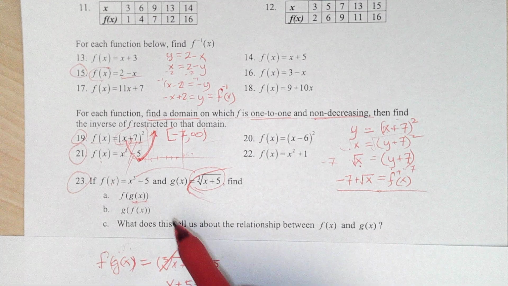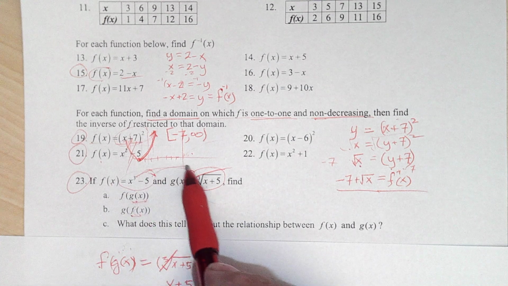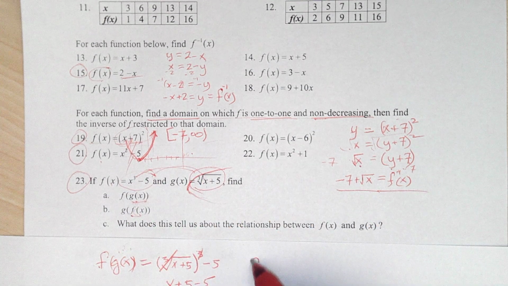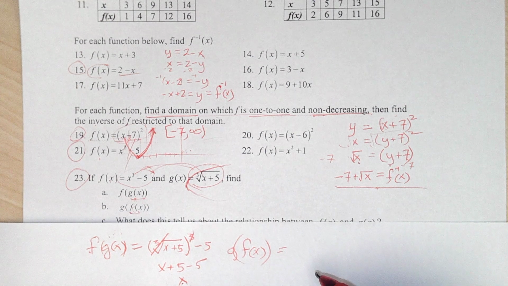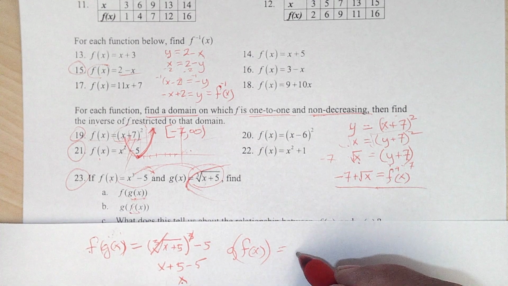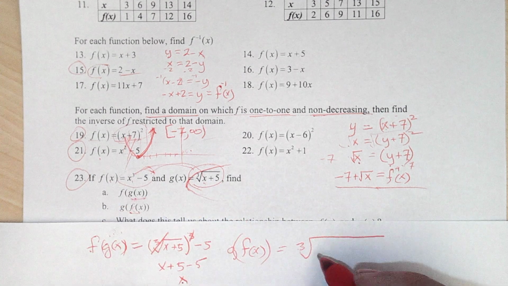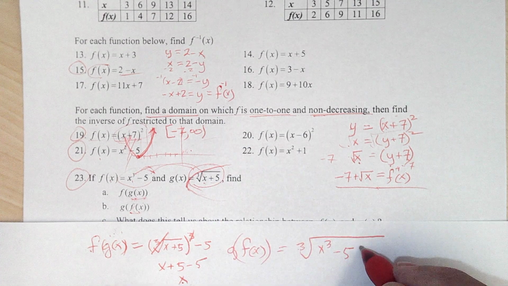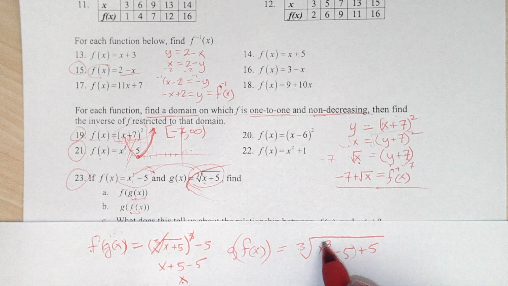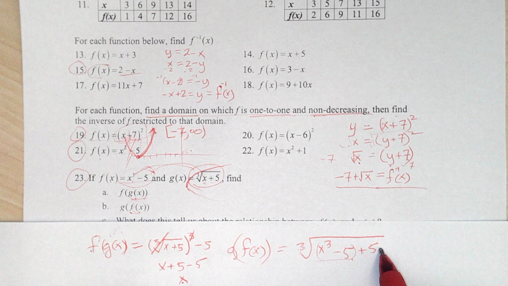To confirm that, we can put f into g. So we'll put this in place of the x of this. We're going to have g of f of x, which will look like the cube root of, in place of the x, we're putting x cubed minus 5, and then we have plus 5.